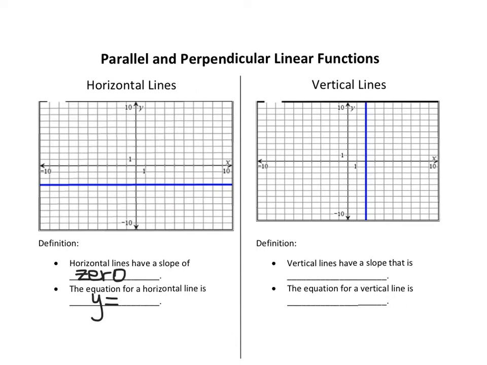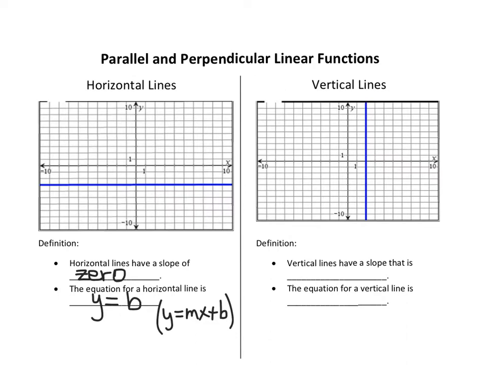So this is the y-intercept, which we also often call b. So in the y equals mx plus b form, we have a 0 for our slope, and so 0 times x is 0. So all we're left with is the b.